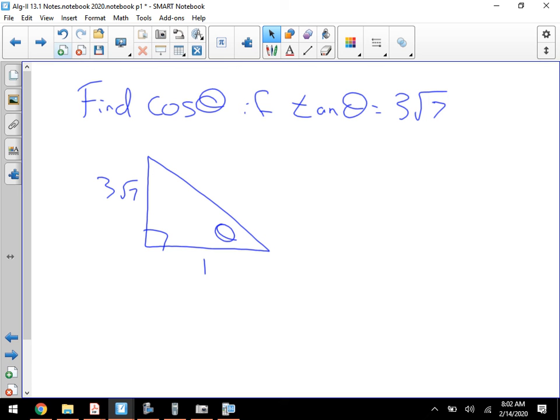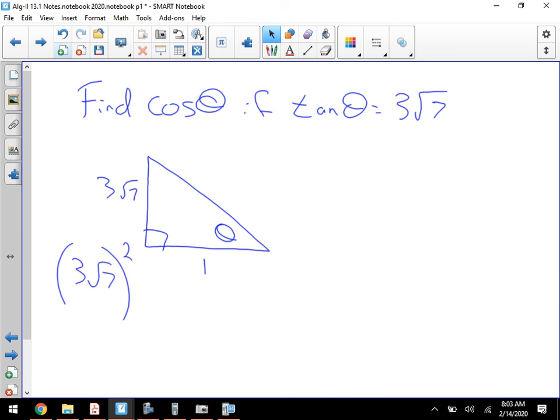Do you remember how to square when you have radicals? Be careful with it. You've got a number up front, just square it. What's 3 squared? 9 times 7? When you're squaring stuff like this by hand, think of it this way: you're doing 3 root 7 squared.